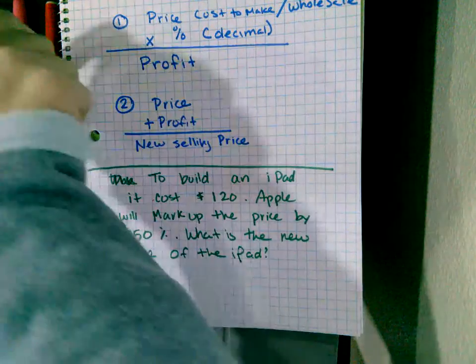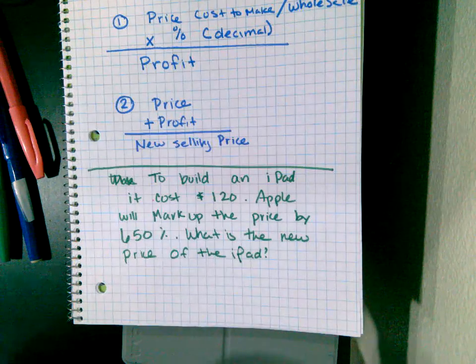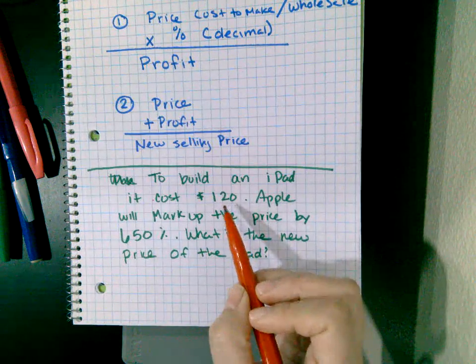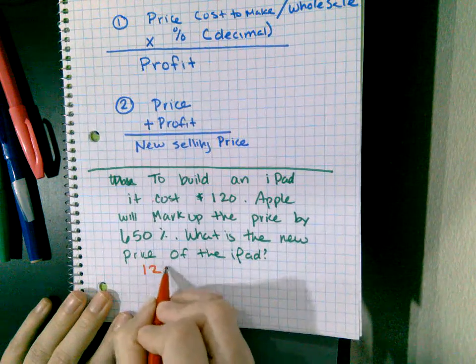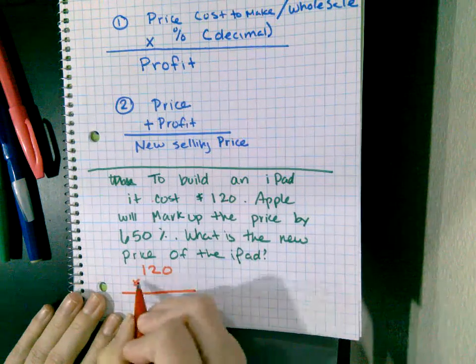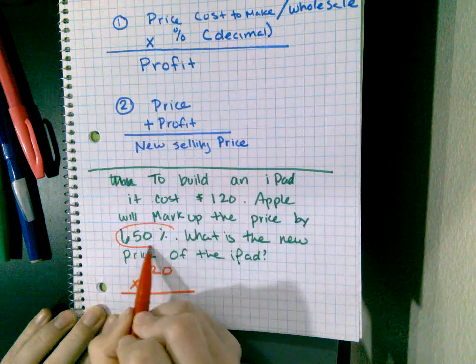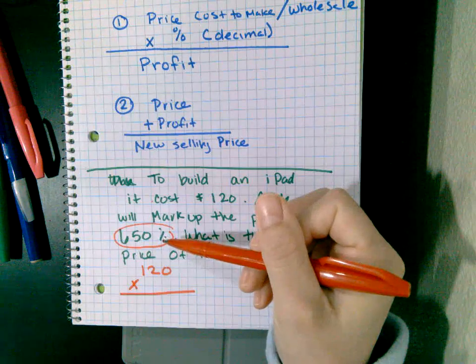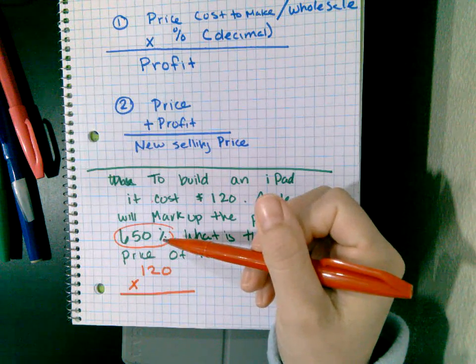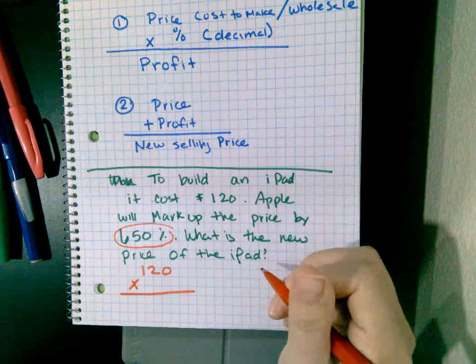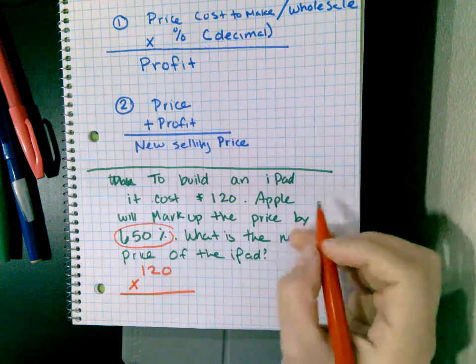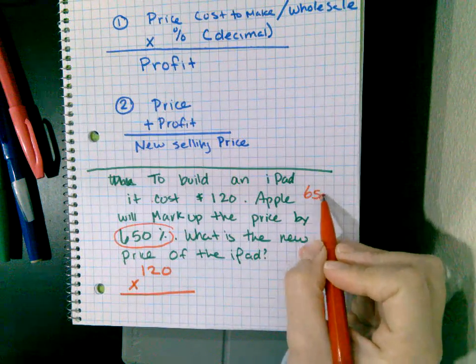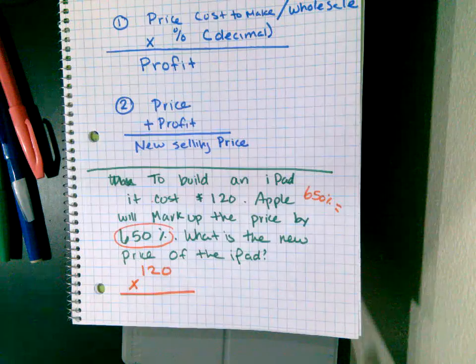All right, so the first step is you're going to take the original cost to make your iPad, it's $120, and multiply it by your percent. Now your percent is 650%. What is 650% written as a decimal?